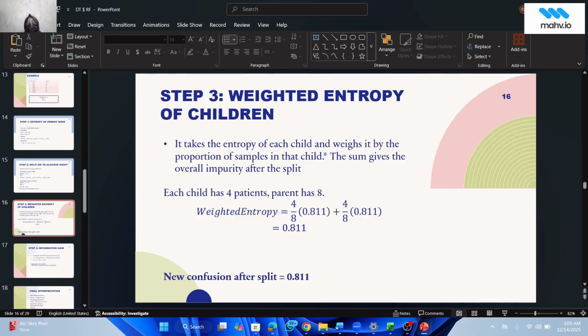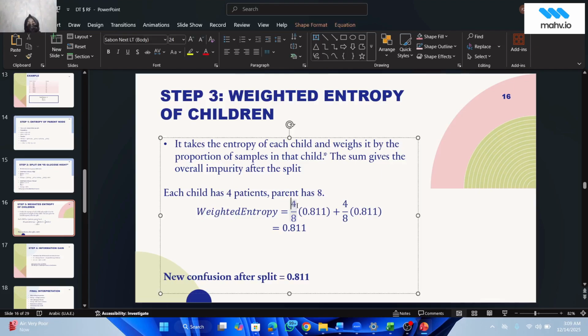Now we want to get the overall uncertainty. If we apply that formula, that is 4 by 8, 4 is the patients in the child and 8 is the patients in the parent. Just like that, the entropy of the first child is 0.11, and then again 4 is for patients after splitting, and 8 is overall, and we have 0.11 for the second child node.